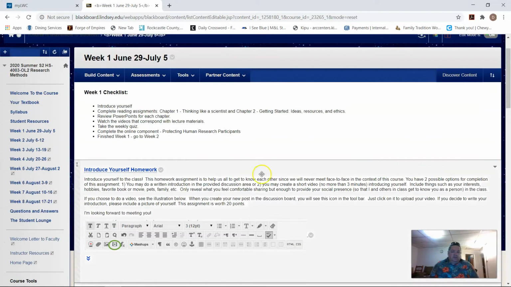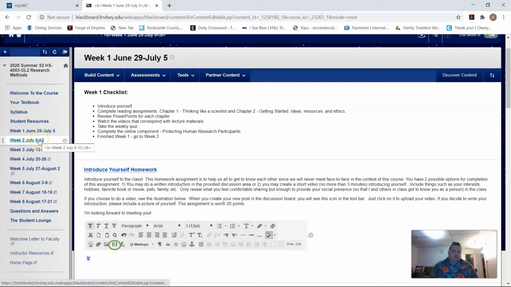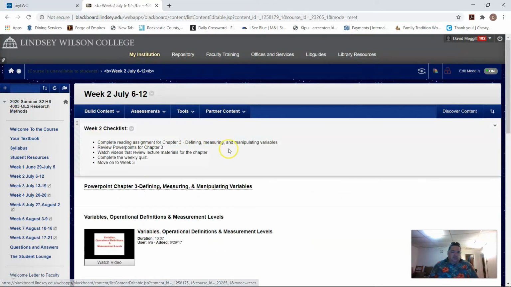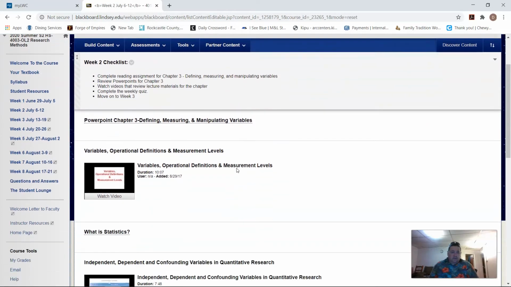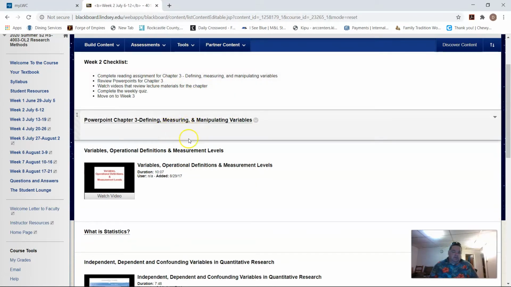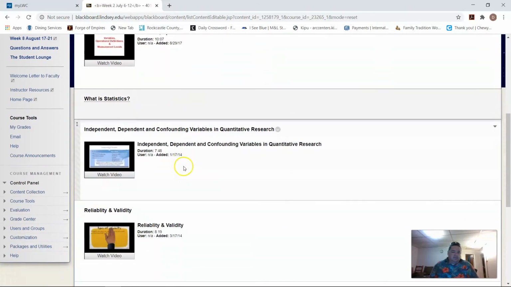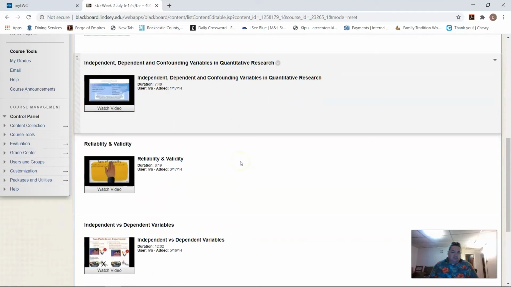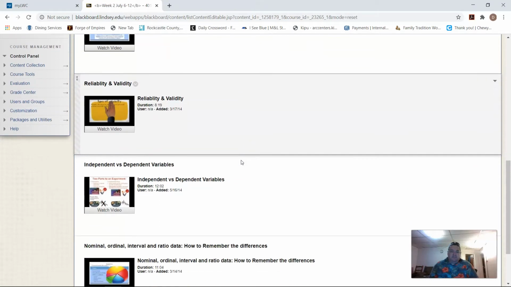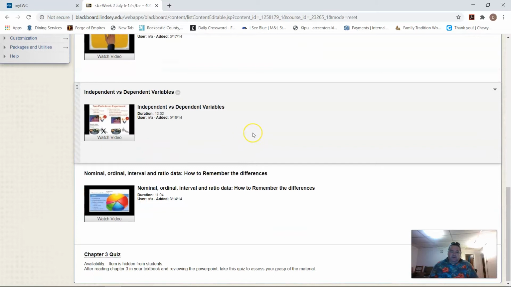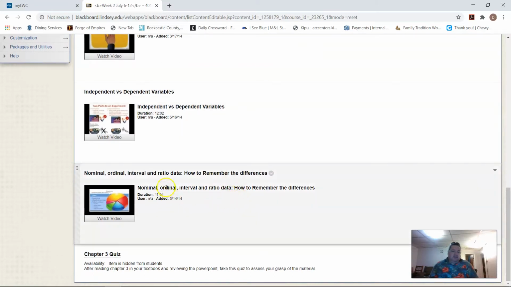I'm going to open up week 1 ahead of time so you can focus on the week's material. But if you want to, you can get started on chapter 2 or week 2, which consists of the PowerPoint for chapter 3, a video on variable operations and measurement levels, what is statistics, independent, dependent, and confounding variables in quantitative research, and reliability and validity, independent versus dependent variables, and then the levels of variables, so nominal, ordinal, interval, and ratio data, and how to remember the differences.